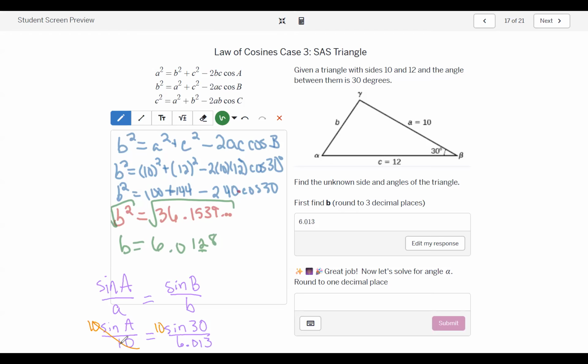So I'll multiply by 10, and then I'll have to do inverse sine of that result.